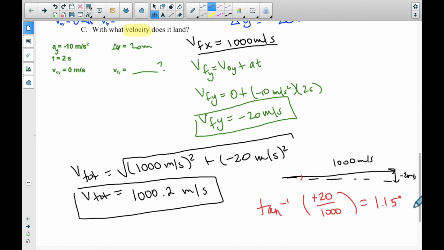It's going to be like skidding on the ground when it lands. So 1.15 degrees, and we will call that below the horizon. Okay, a little bit of examples on some two-dimensional motion, some projectile motion. We will have more practice on this with our AP questions.